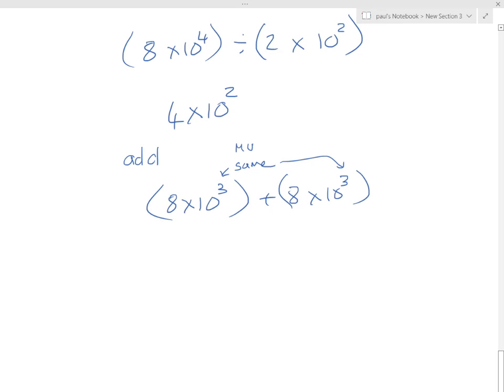So I'll put: these must be the same. Once they are the same, you can just add them together. So 8 times 10 to the 3 and 8 times 10 to the 3 is 16 times 10 to the 3, which is not in standard form. So make that smaller, 1.6, make that bigger, 10 to the 4. Now what if they're not the same?